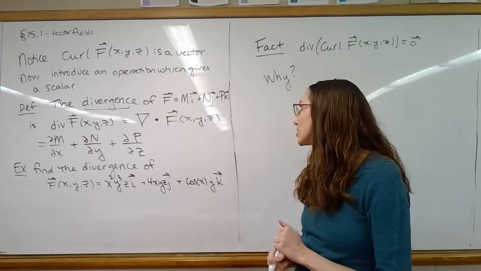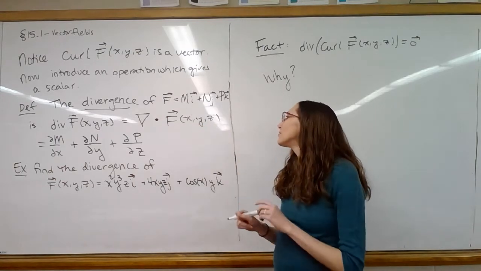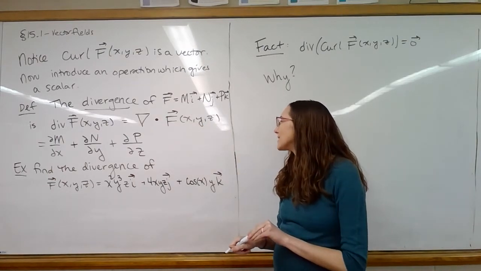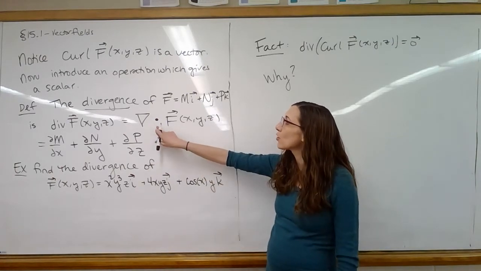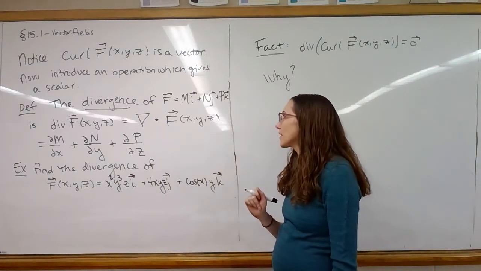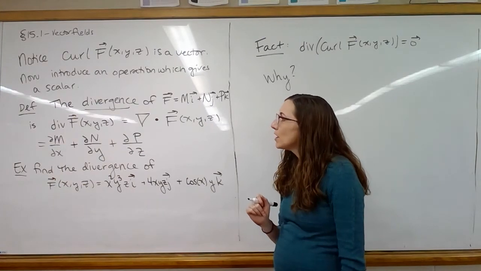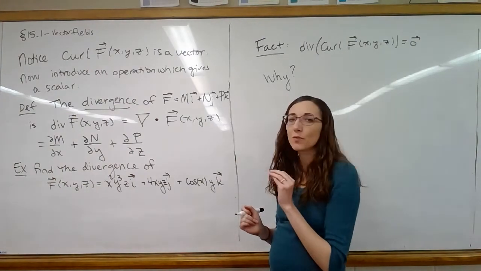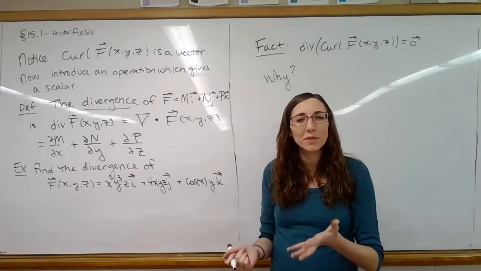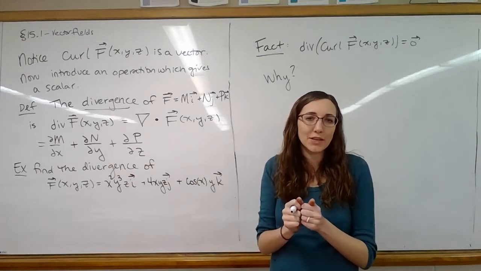So the divergence of f, which is mi plus nj plus pk, is really del dotted with the vector valued function f. So it's going to mean the partial derivative of m with respect to x. Remember, normally a dot product would be multiplication.